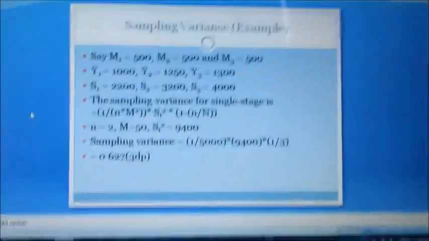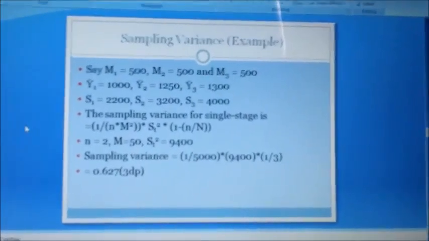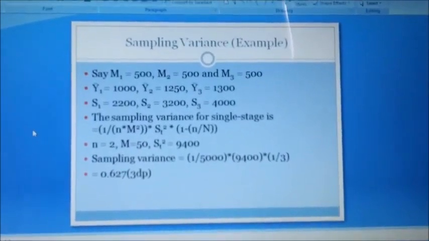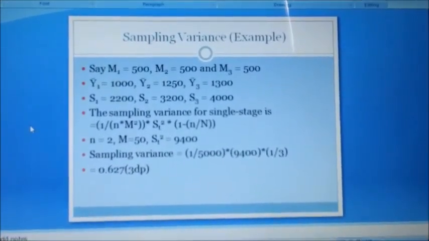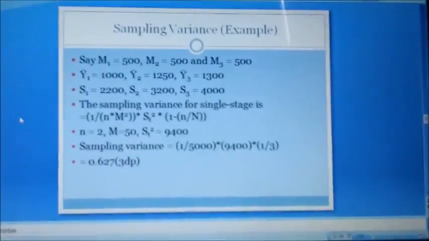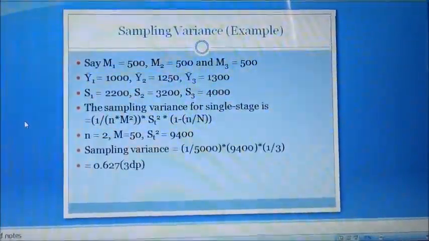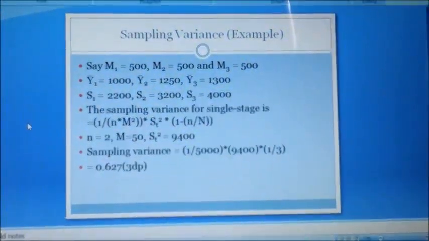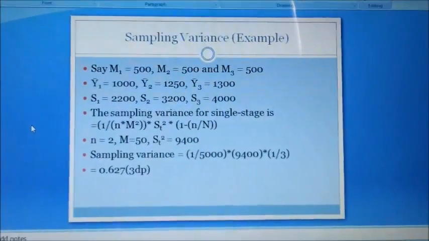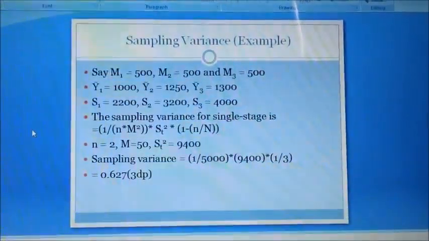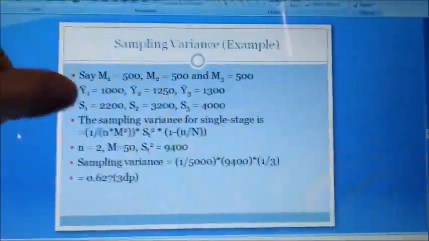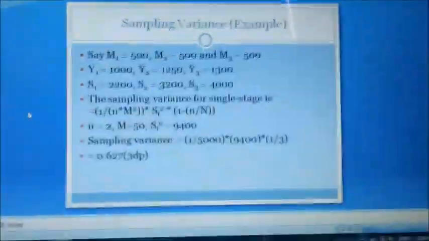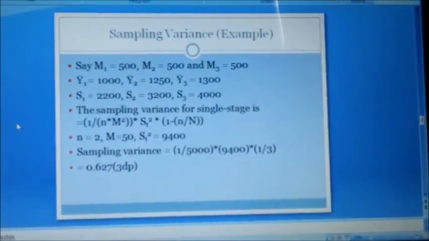The sampling variance for the single stage is then 1 over n times M squared times st squared times 1 minus n over N. So let's just assume that lowercase n equals 2, so we're using 2 clusters, that capital M equals 500, and that st squared, actually, those 500 should be 50s, slight error.